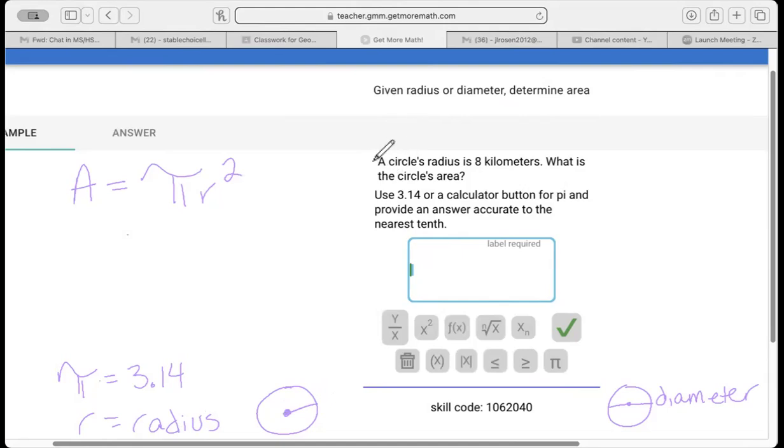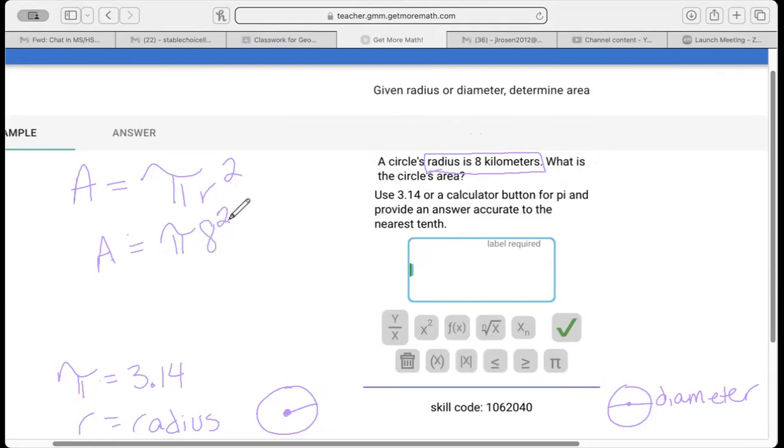So all we're going to do, it tells us here that the circle's radius is 8 kilometers. So that means my r squared is going to become 8 squared. What is the circle's area? So we're going to have pi 8 squared. Okay. Well, again, when things are side by side, that means to multiply. So we need to make sure we always do the exponent first. Okay.